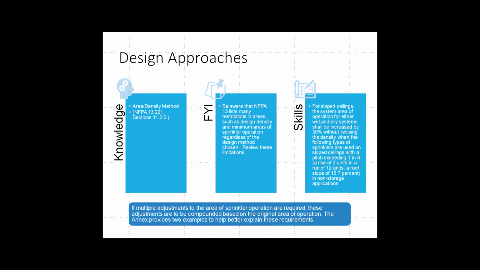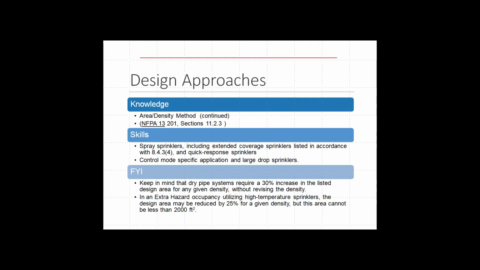Remember to increase the area of operation 30% for dry systems and 30% for slopes exceeding 1 in 6 units or 16.7% in non-storage applications.